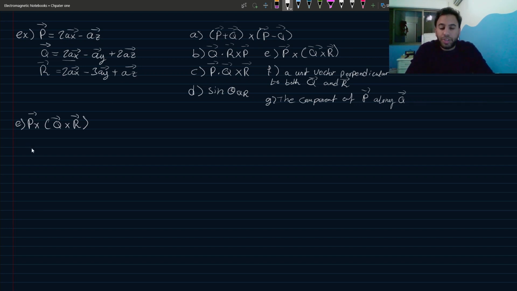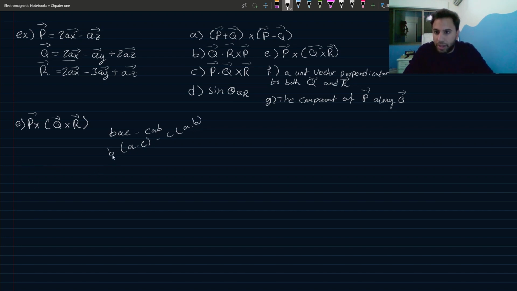First I'm going to try solving it by the vector triple product rule, which is back cap, if you remember, which was B multiplied by A dot C minus C A dot B.